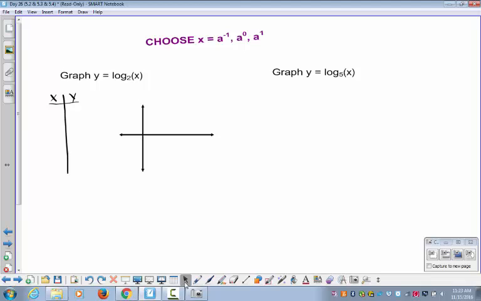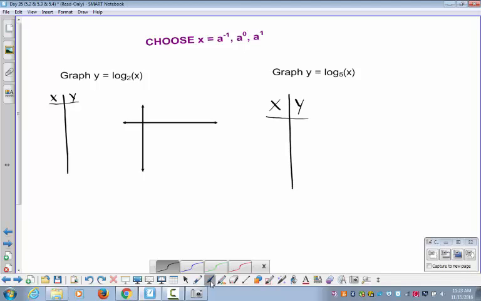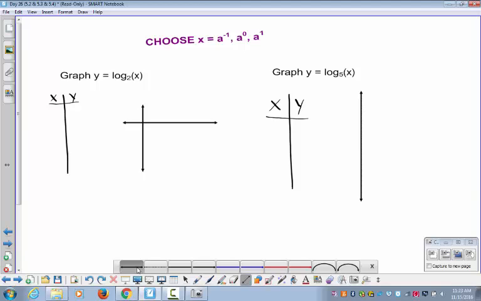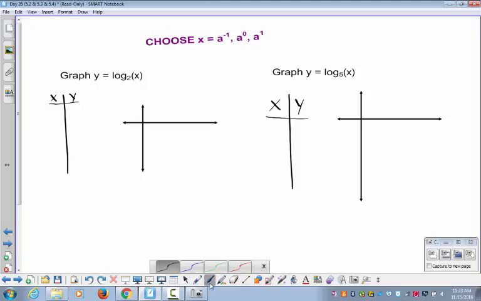We're going to pick 3 x values, just like we did for the exponentials, but they're going to be slightly different. For the exponentials, we picked -1, 0, 1, right? Here we're going to pick almost the same things, except we have to do one modification.